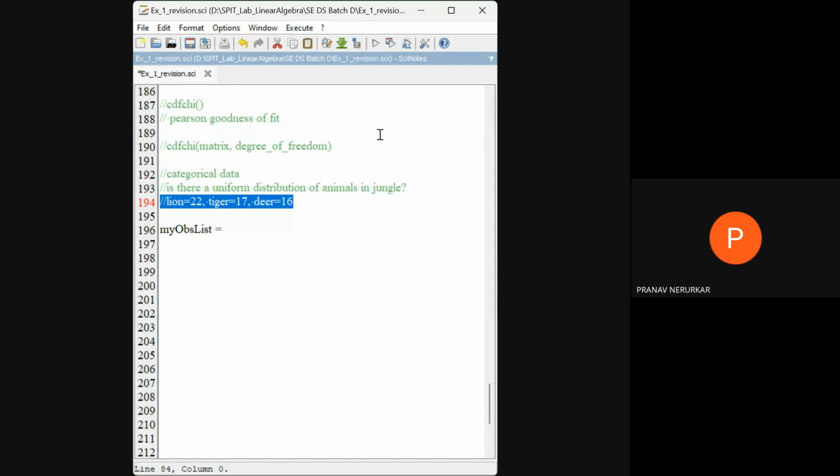Such kind of questions require the use of this function, the cumulative distribution function of chi-square.